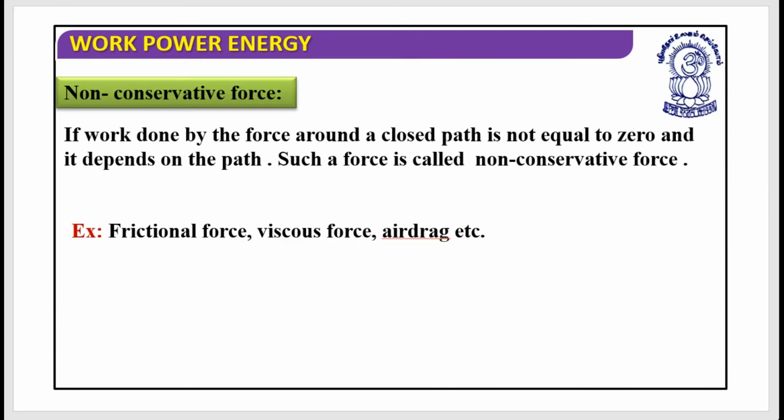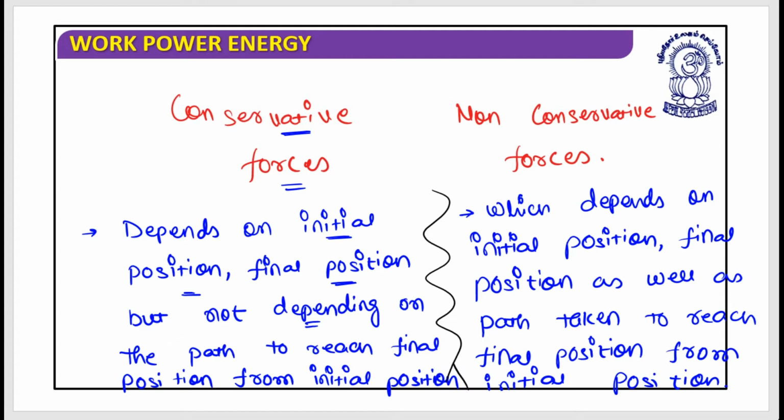Now let's look at the non-conservative forces. In this case, work done by the force around a closed path is not equal to zero, and it depends on the path as well. It depends on the initial position, the final position, as well as the path. Conservative forces also depend on initial and final positions, but non-conservative forces additionally depend on the path.